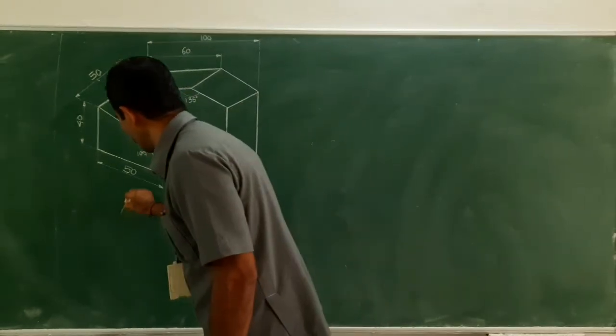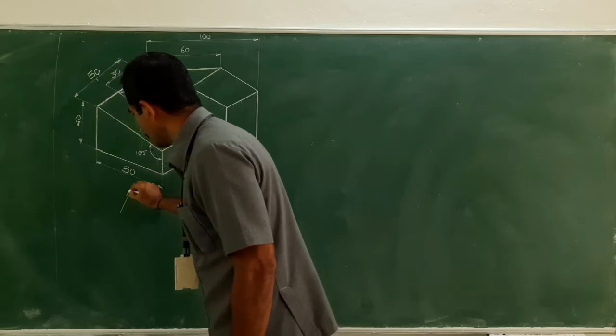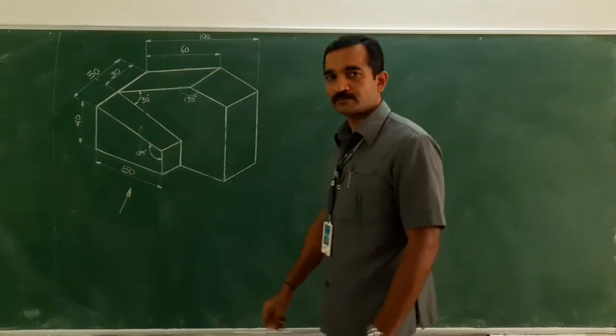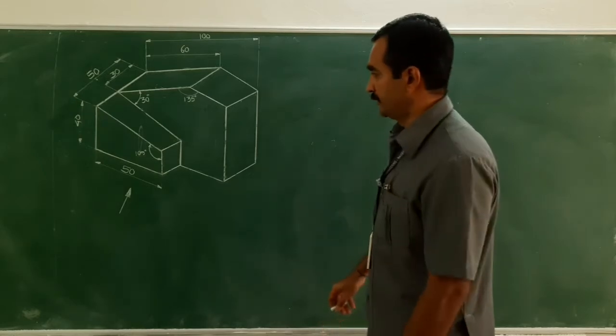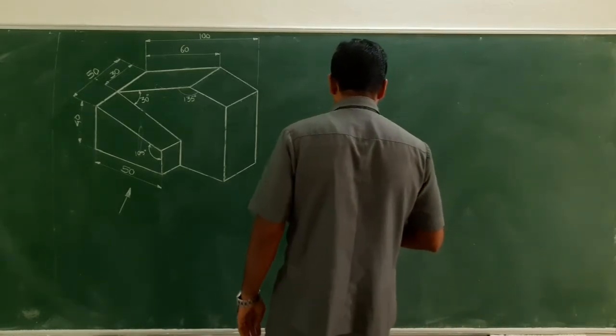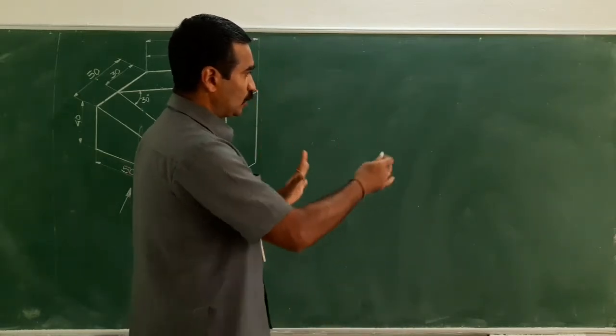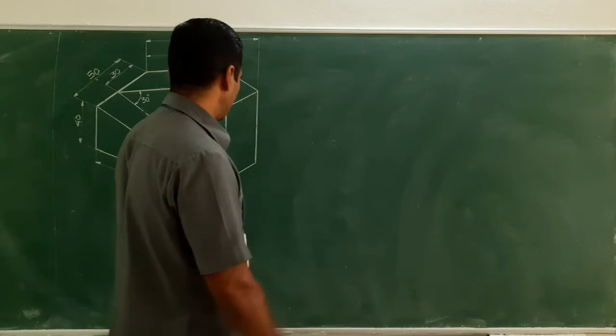So let me choose this as my direction of view. Understood? Right. Let me bifurcate the board into 4 equal parts or divisions.